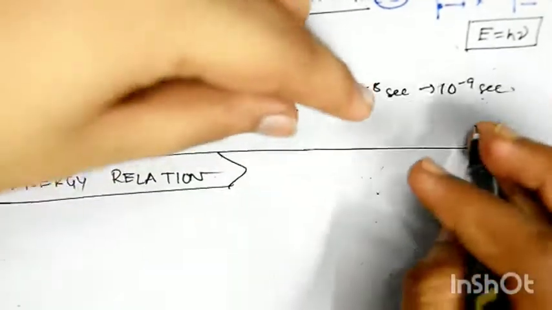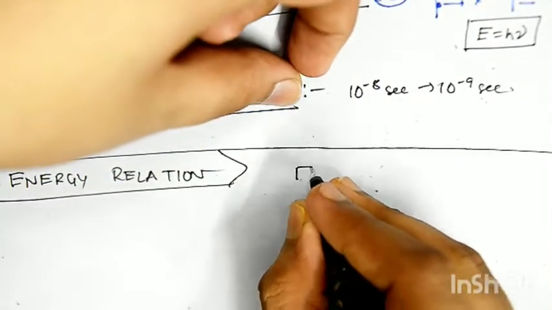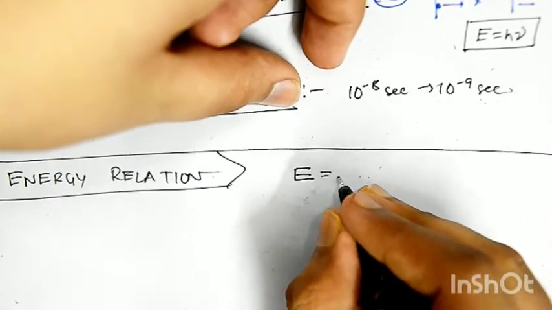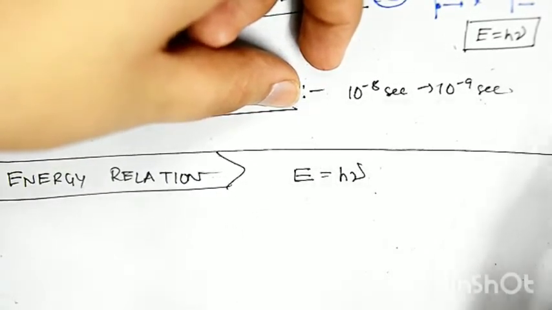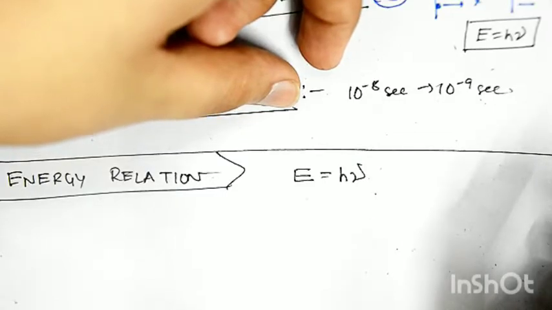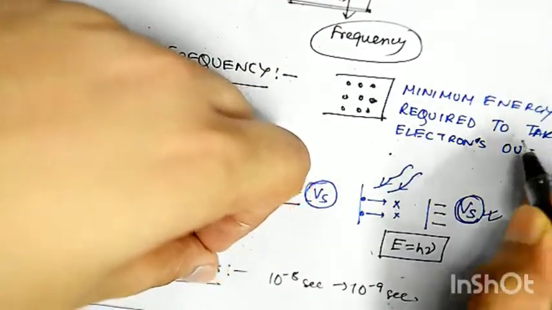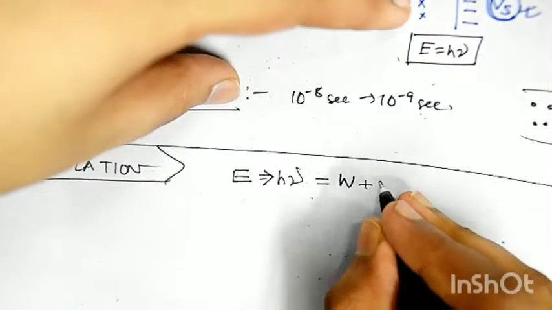First of all, you know the quantum of light is bringing the energy E equals h nu. How is this energy expended? One part is going for the work function, that means to take out the electrons, and the rest becomes kinetic energy.